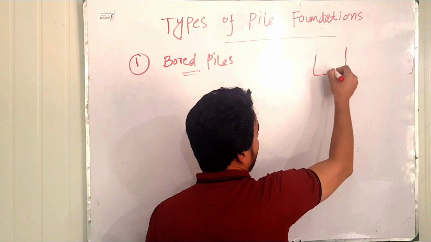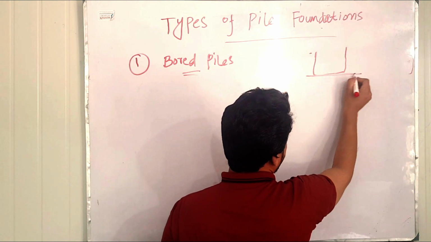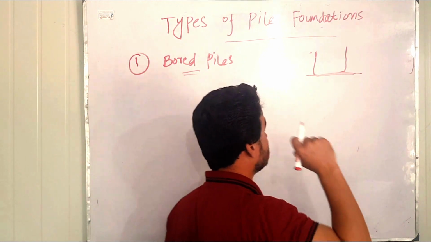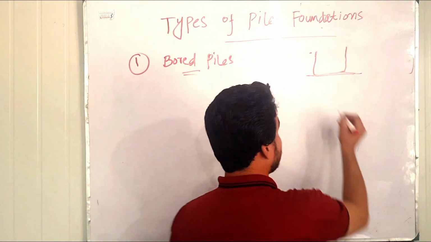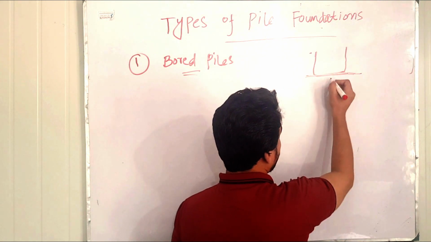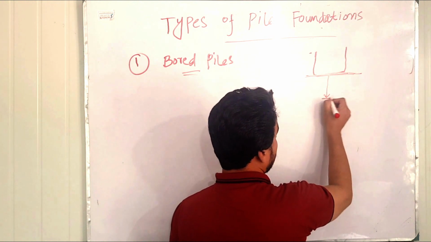okay, this is the foundation of a building. Now this strata doesn't have the required bearing capacity, this sub base, and the required bearing capacity is somewhere like 20 feet or 30 feet or even 50 feet down here.